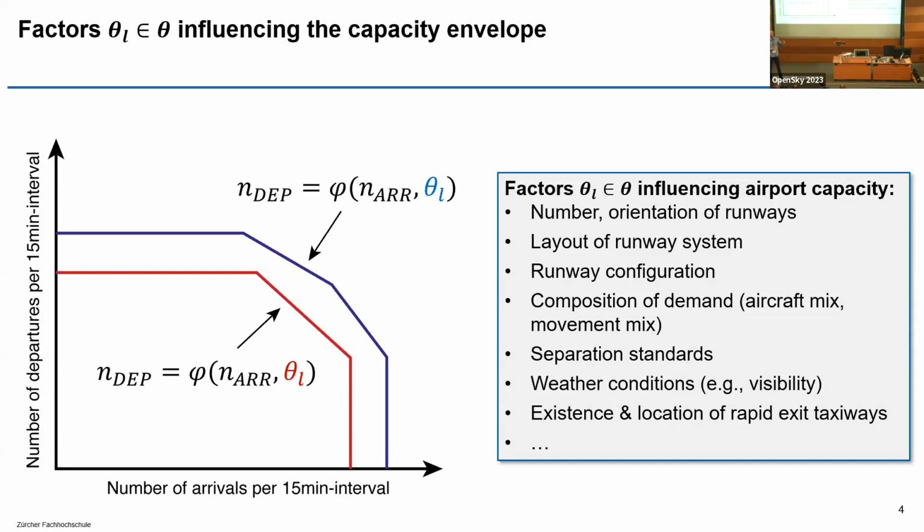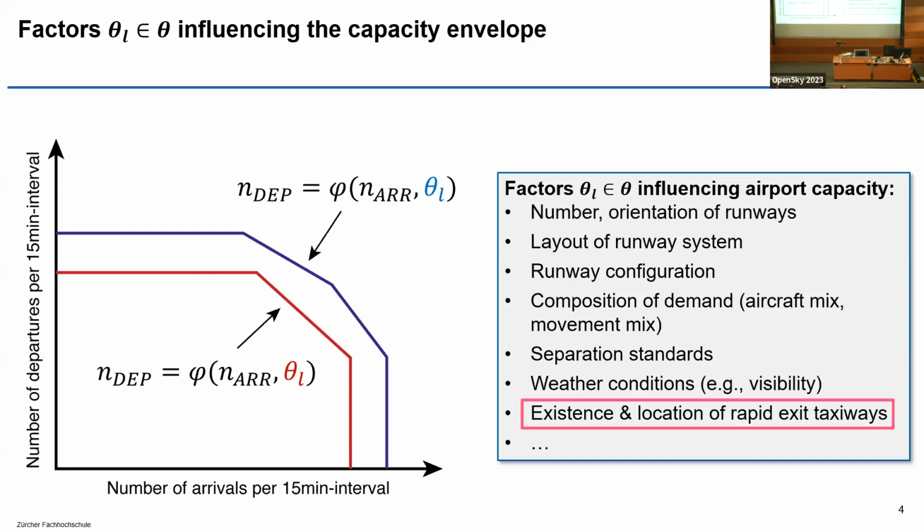So which runways are used for takeoffs, which ones are used for landings, and so on. Composition of demand is something of great importance. So is the airport frequented by a homogeneous fleet mix or not? That affects capacity a lot. Separation standards, for instance, is also something which is of importance. And of course, weather conditions. And all of these factors are quite well researched, and there is literature available.